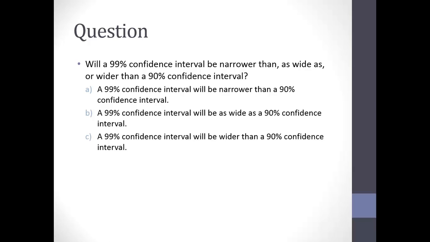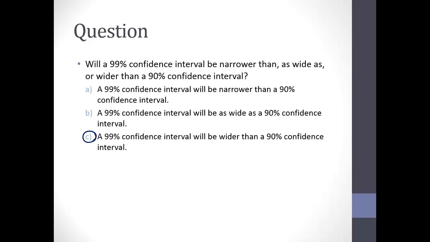This also should sound familiar. If I wanted instead a 99% confidence interval, would that be narrower than, as wide as, or wider than a 90% confidence interval? I think I'm hearing a few things a little louder. Wider, yes, exactly. And who can tell me why this will be wider? Yeah, Sarah?